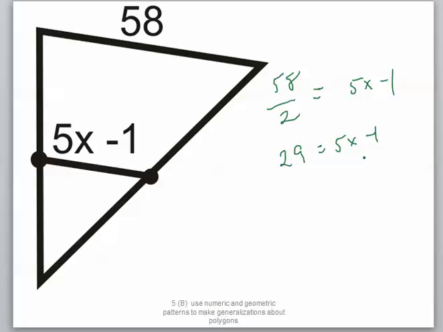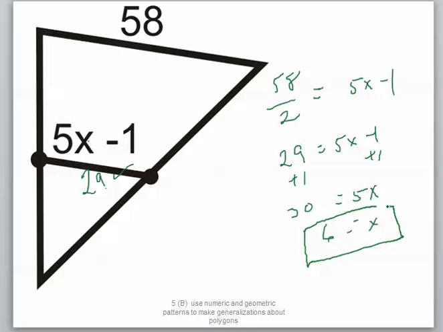I add 1 to both sides of this equation. I get 30 is equal to 5x, and x is equal to 6. So 5 times 6 is 30, minus 1 is 29, and 29 times 2 is 58. So check. That worked out, and that would be the answer that I'd be looking for. Okay?